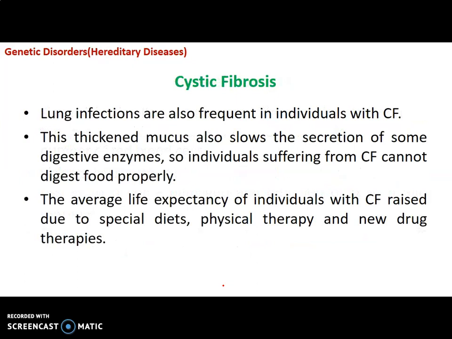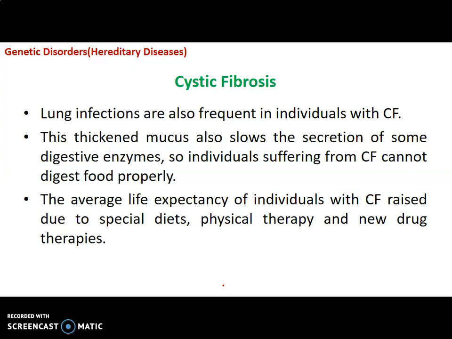Now another one is cystic fibrosis. Here you will see a type of disorder where sticky mucus grows in the digestive system or respiratory system of the carrier. The person will always find it difficult to digest properly, and will have a lot of respiratory issues, because this mucus slows down the secretion of vital enzymes that should act during digestion and also during respiration.